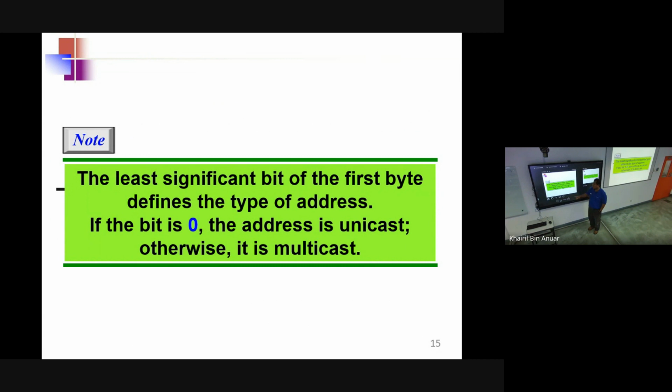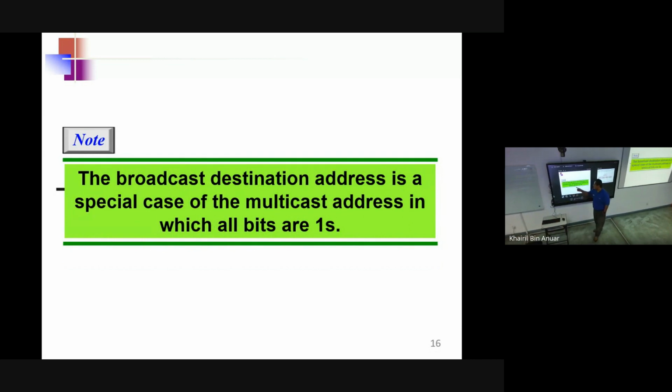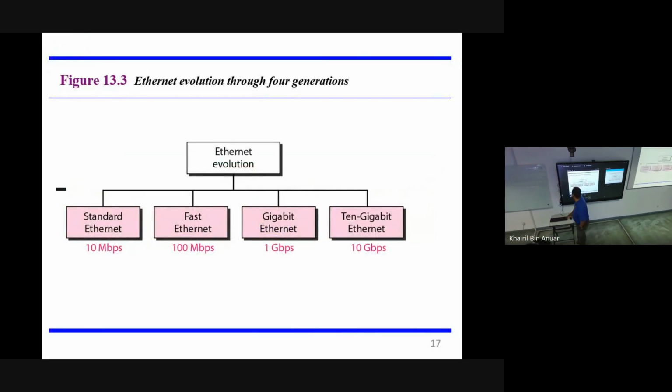If the bit is 0, it's unicast; otherwise it's multicast. The broadcast destination address is a special case of the multicast address in which all bits are 1, meaning all 6 bytes are 1. That represents a broadcast.